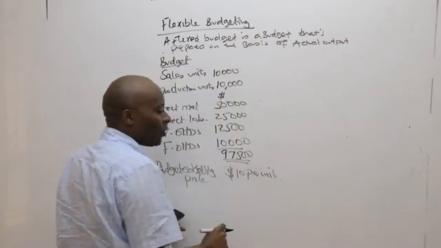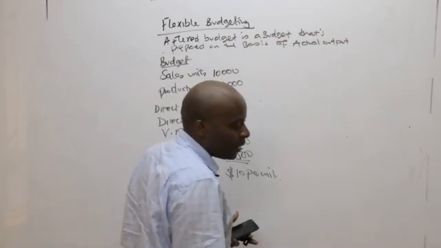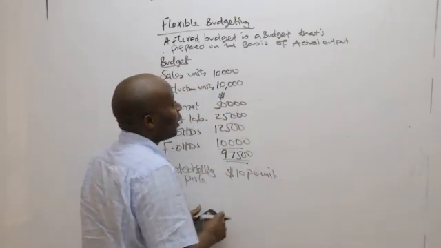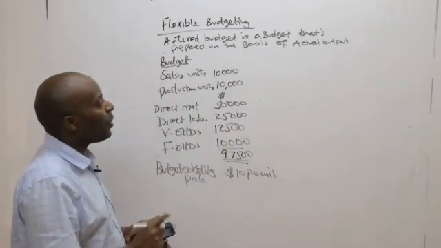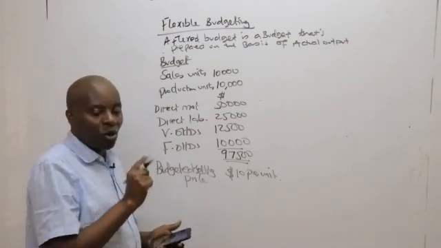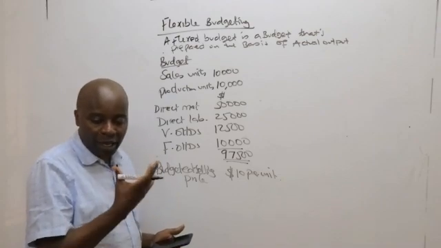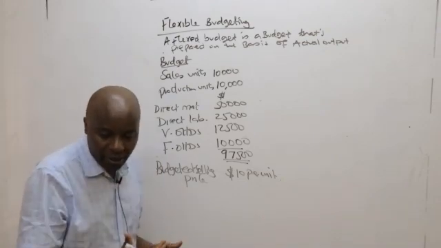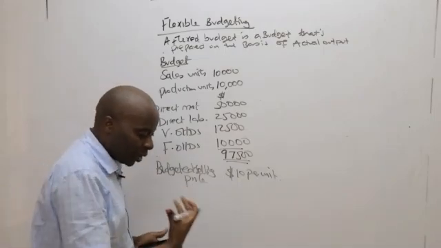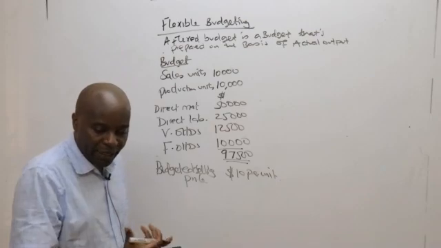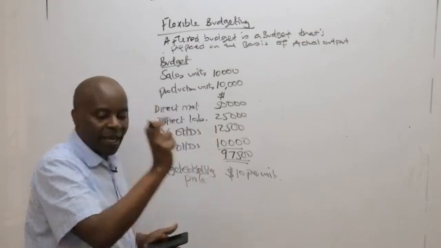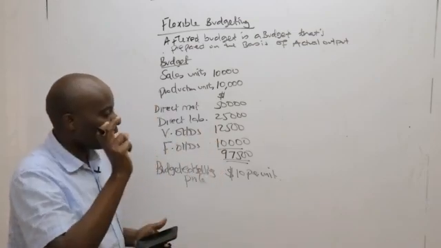Any budget which is prepared on the basis of the actual output is called a flexible or a flexed budget. To flex is to change. We are changing our original budget to mirror the actual production.